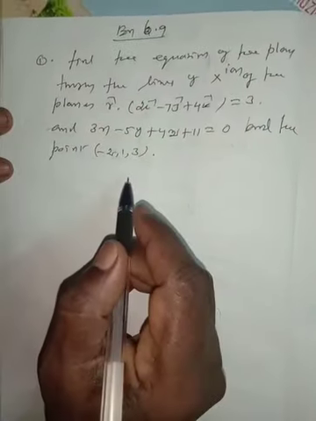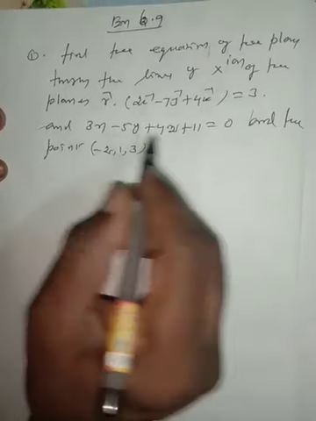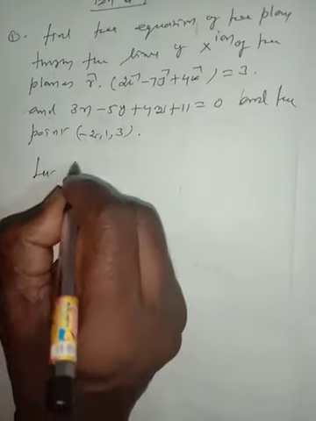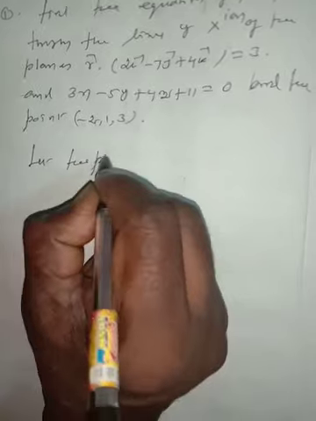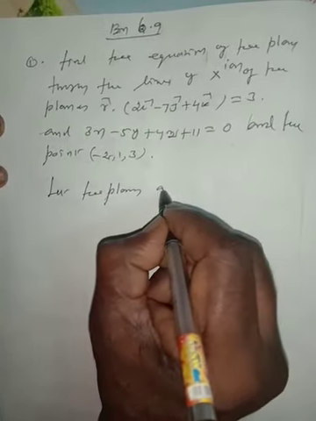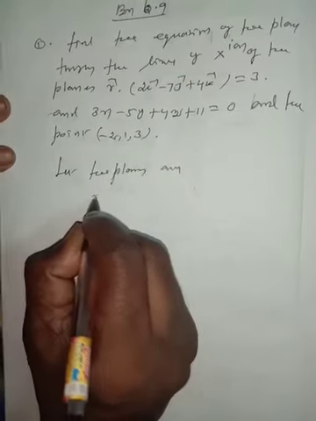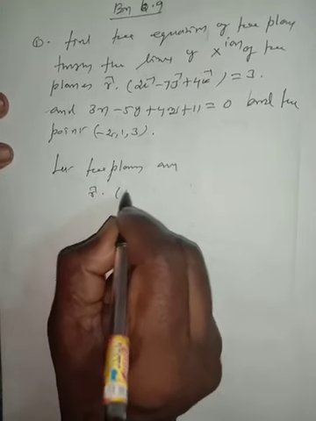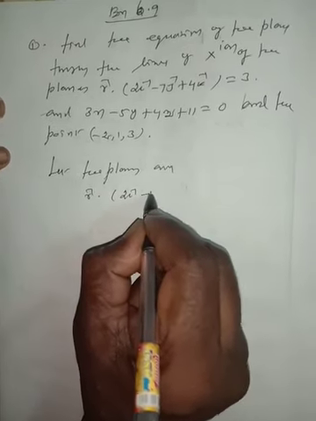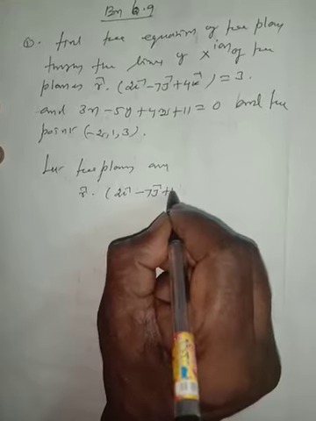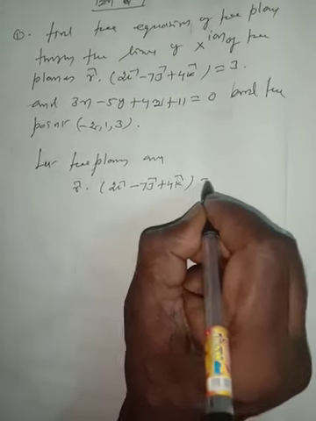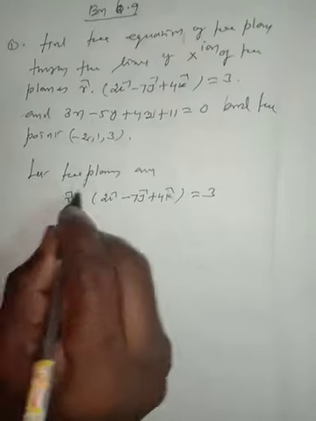Okay, first let the planes be: first plane, r vector dot 2i vector minus 7j vector plus 4k vector is equal to 3.